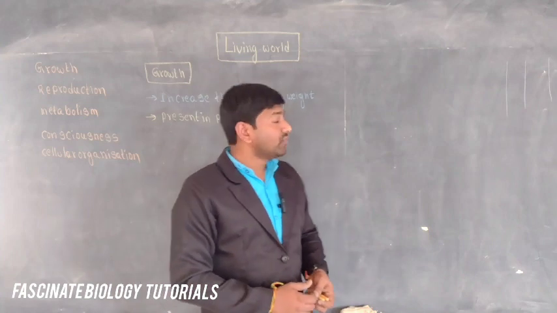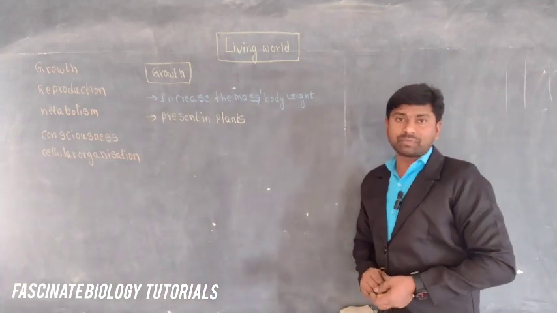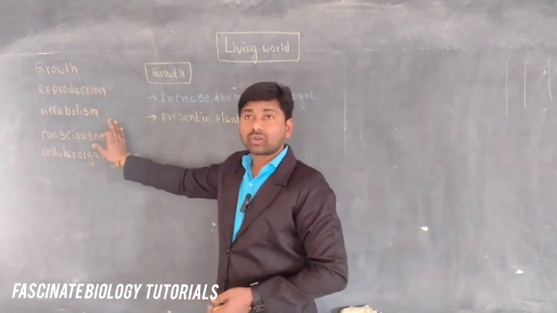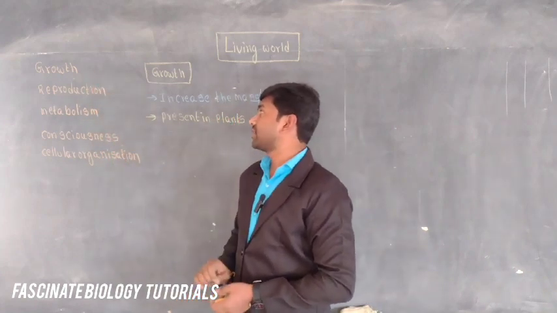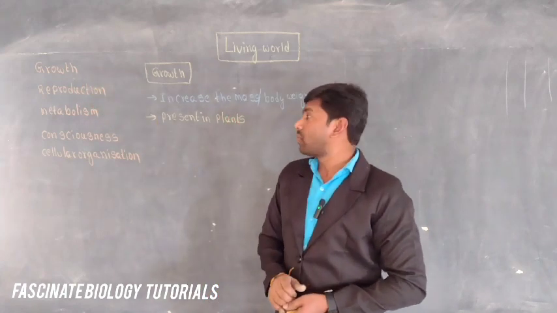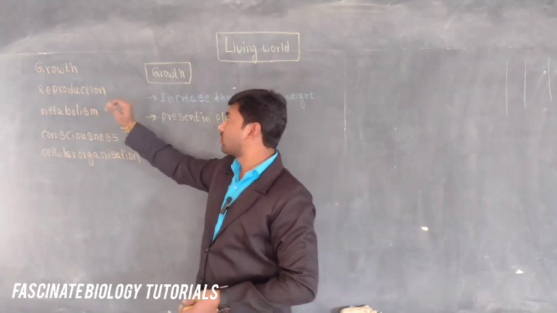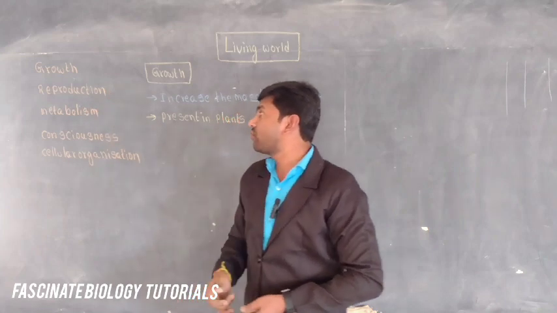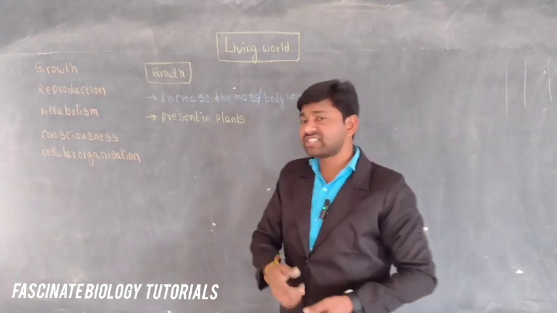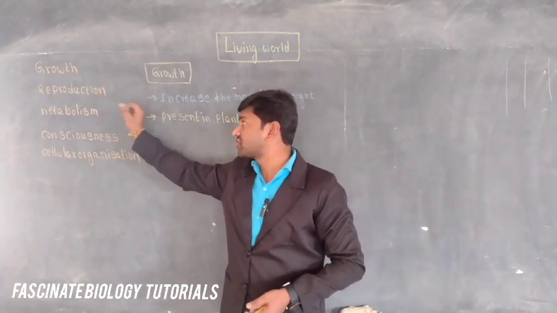Every living organism has some basic principles: growth, reproduction, metabolism, consciousness, and cellular organization. Growth means an increase in mass or body weight. Reproduction means giving progeny or offspring, a new generation. It is a natural process.